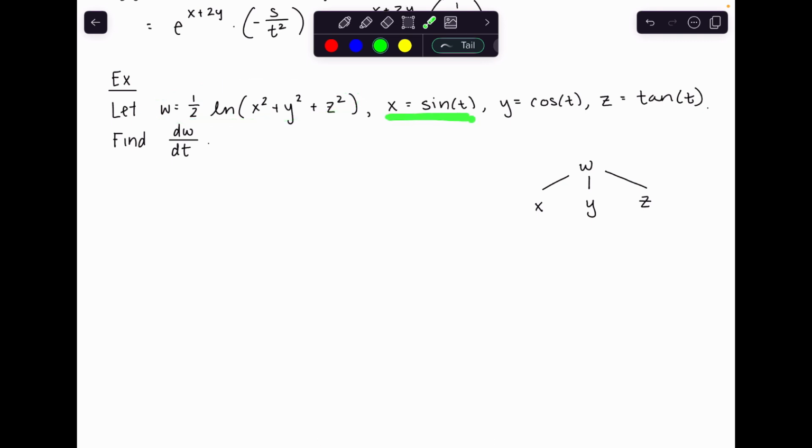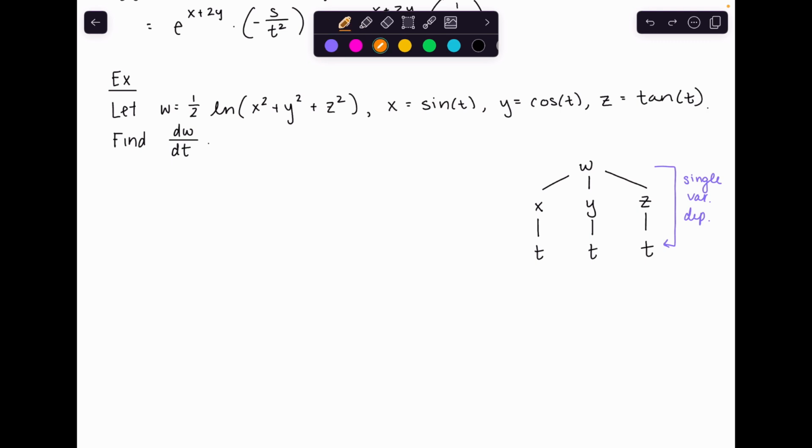But now looking at x, that has single variable dependence upon t. Likewise, y and z have single variable dependence upon t. So ultimately, in the end, we have that single variable dependence, which is why we're able to take the derivative of w with respect to t.